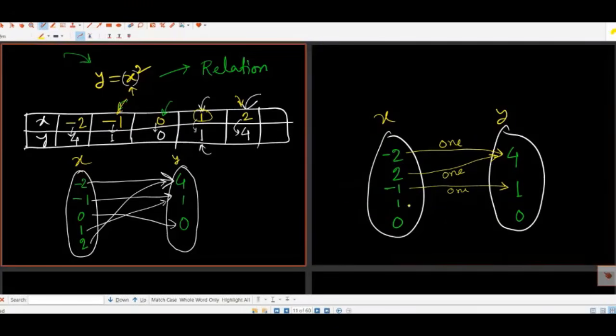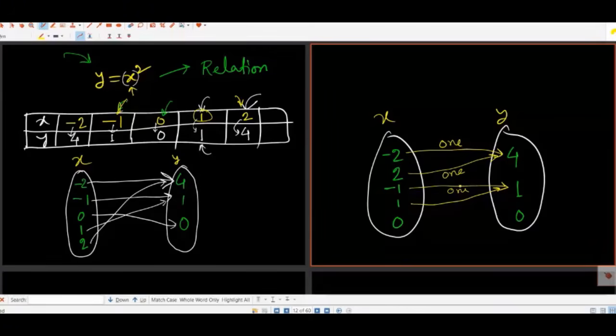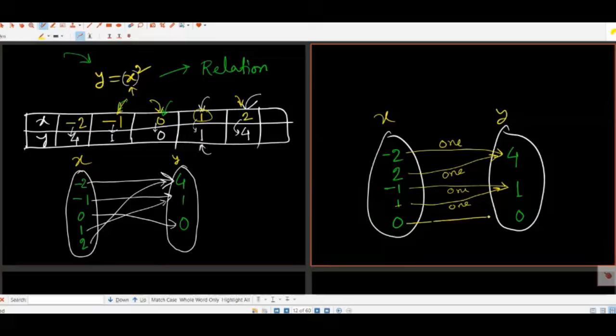Again, for 1, what is the output? 1. If I ask you how many values of y we have found for x equal to 1, we have found 1 value. Similarly, for 0, how many values have we found? 1, but the value is 0.